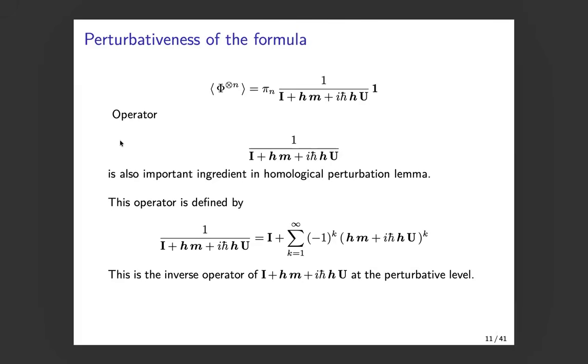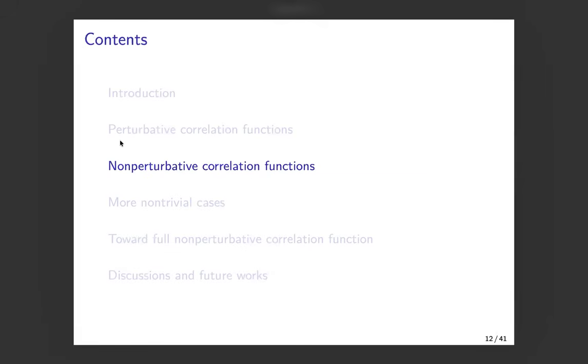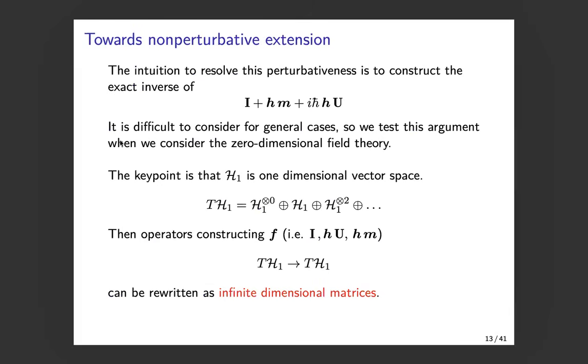If we know the action, we expand this operator around the identity, and then we calculate the correlation function perturbatively. So let us consider the extension to the non-perturbative one. As I said, the intuition to resolve this perturbativeness is to construct the exact inverse of this operator.